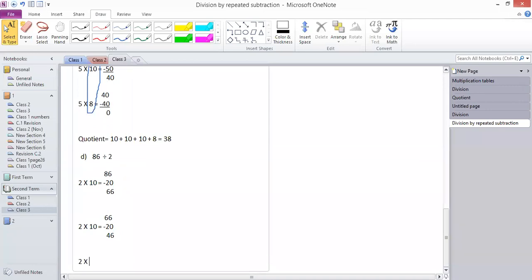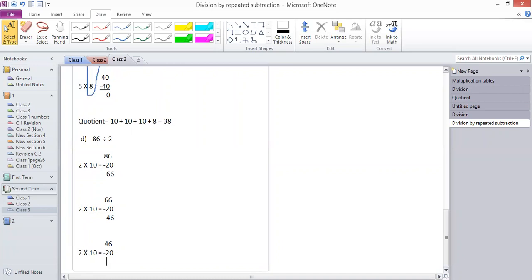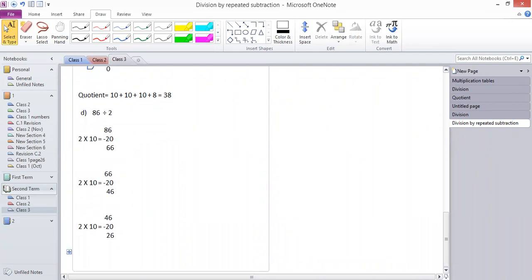Two by 10 again, and this time you will minus from 46. And here you will get 26, the answer. Then you will again multiply 2 by 10.